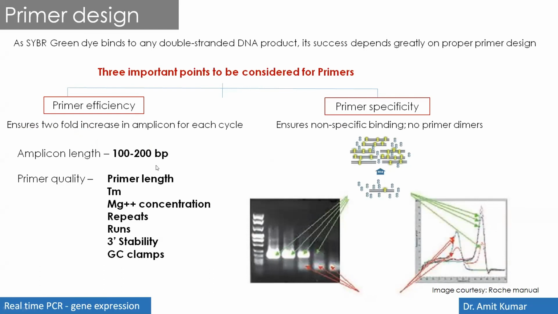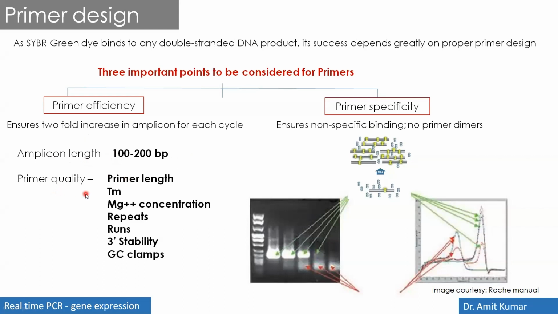So it goes in that way. That ensures the fold increase. Now, to ensure the efficiency, one must use a target gene with an amplicon of around 100 to 200 bases. We will see what it means in the practical session.